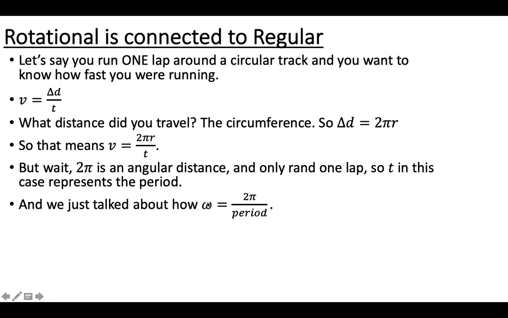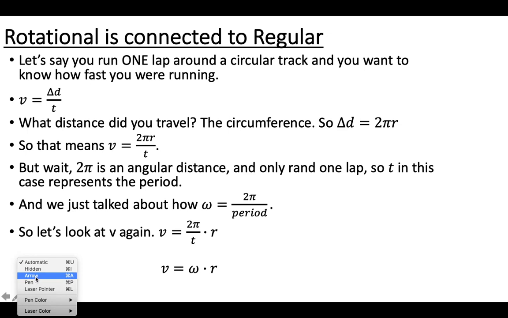That's omega. Okay, so let's look at v again. All I did was take the same v equation, but now I made r kind of separate. So we have 2 pi over t by itself here. What is 2 pi over t? That's omega. So I can take this 2 pi over t and just change that into an omega. So this gives us a really important equation right here.